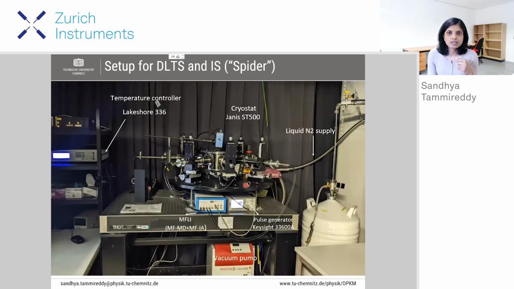So this is our setup. We call it spider, given how it looks. We use the MFLI with the MF-MD and IA options together, and we do a four-probe measurement. This is our pulse generator.